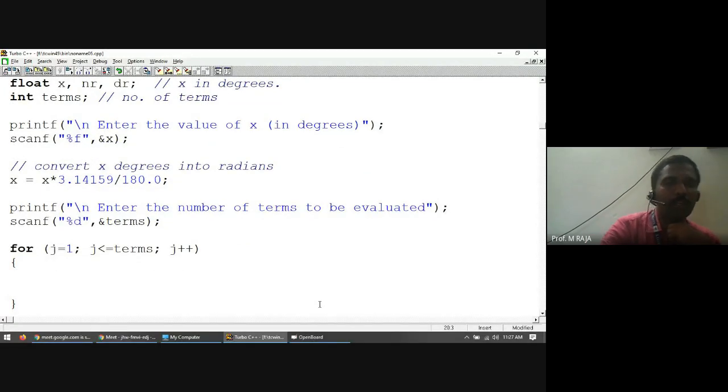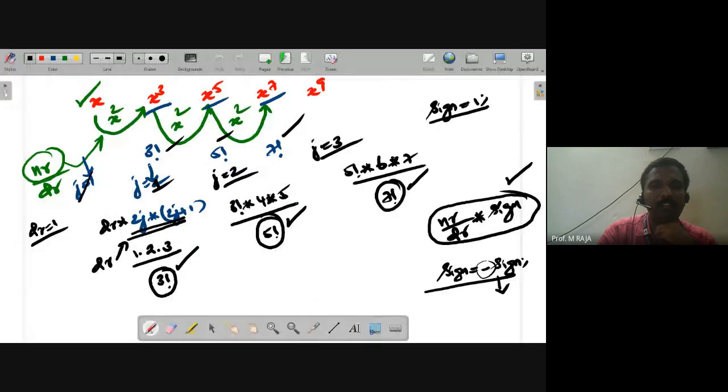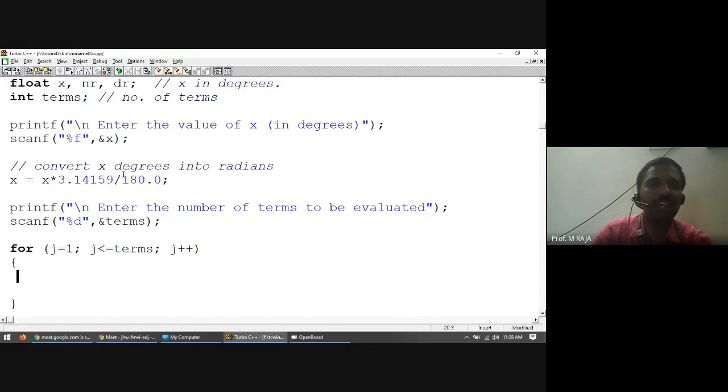Then j is equal to 1. We need to evaluate this term x. That means sum is equal to x. X is also defined as numerator by denominator, where numerator is x, denominator is 1. So I initialize denominator as 1.0.